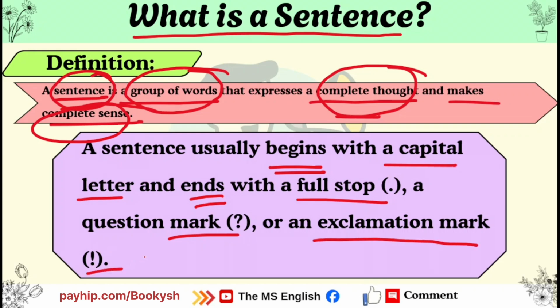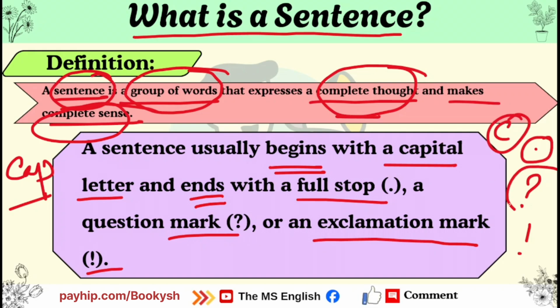So we have to follow this, that a sentence usually begins with a capital letter and ends with a full stop or a question mark or an exclamation mark. Examples of sentences.